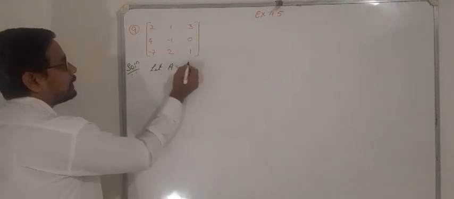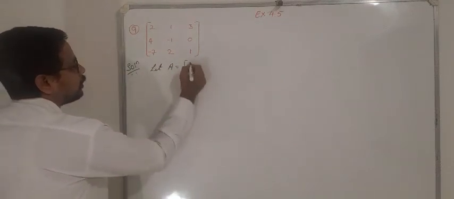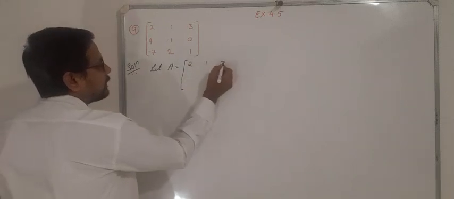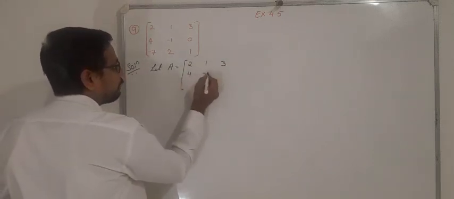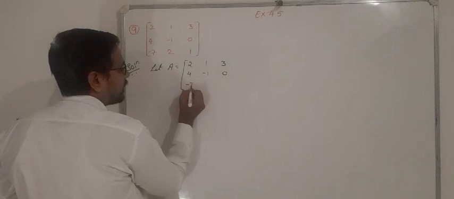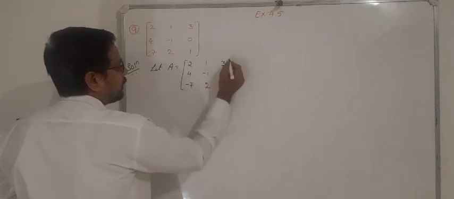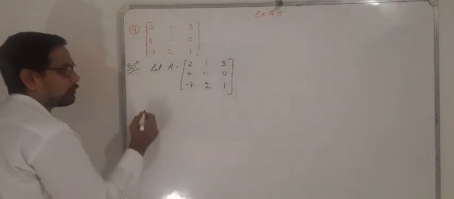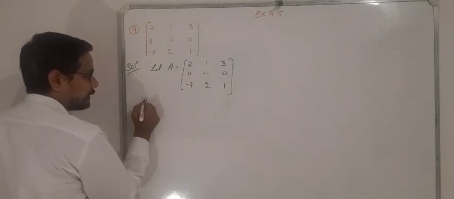Let A be equal to the matrix with rows 2, 1, 3; 4, minus 1, 0; minus 7, 2, 1. Right. So what will be the determinant of A?